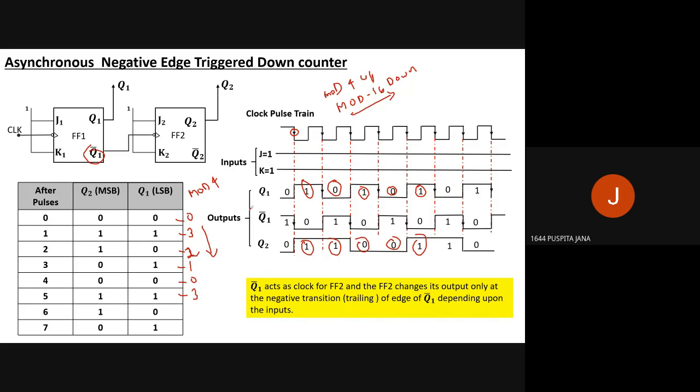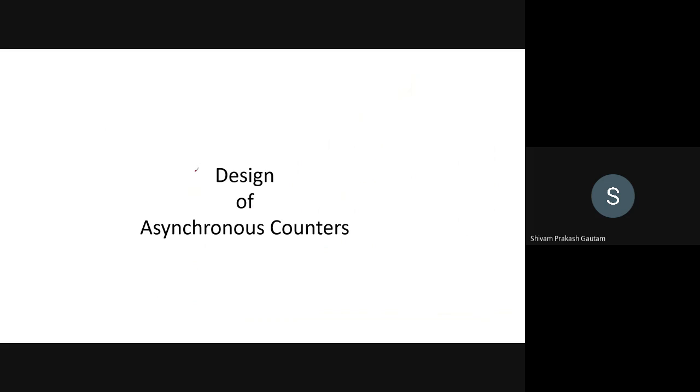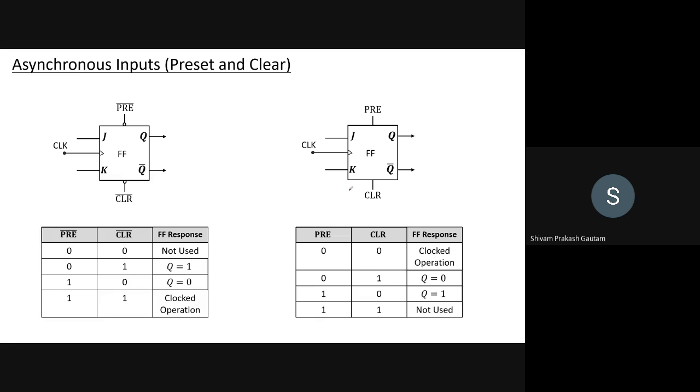Okay. Now we will see some of the designing aspects that we have already seen, but let us just check. Asynchronous inputs: we have already seen they are preset and clear, and this is active low preset and clear.